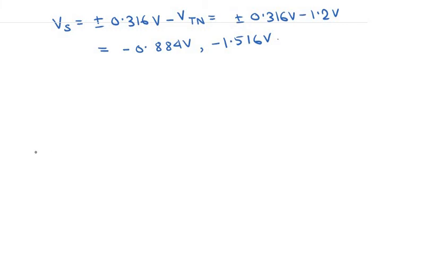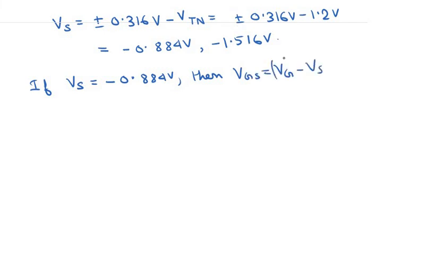Now let us see which solution is actually valid out of these two. If Vs is equal to minus 0.884 volts, then Vgs is equal to Vg minus Vs, and Vg is equal to 0 volt because the gate was grounded.